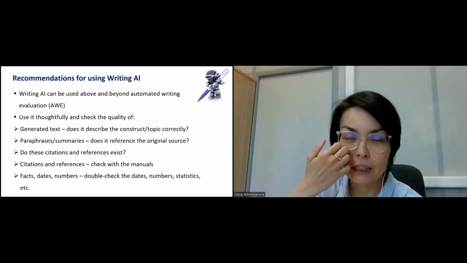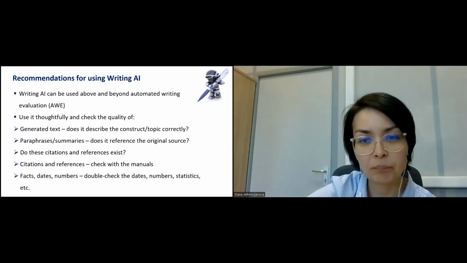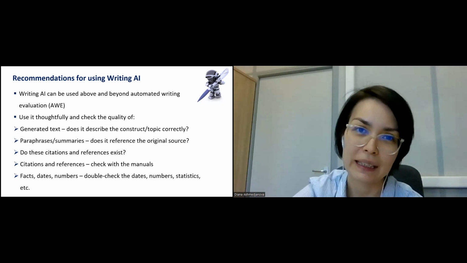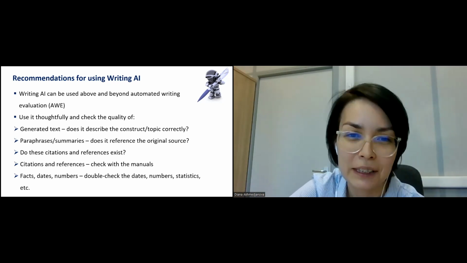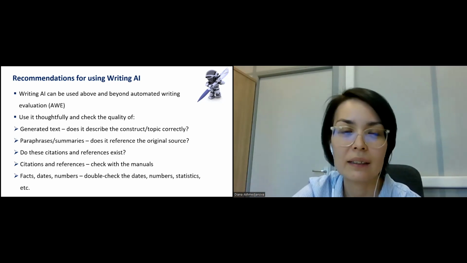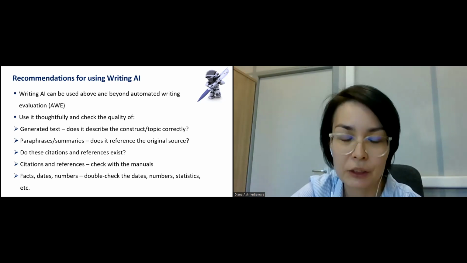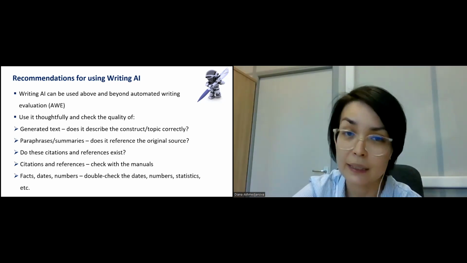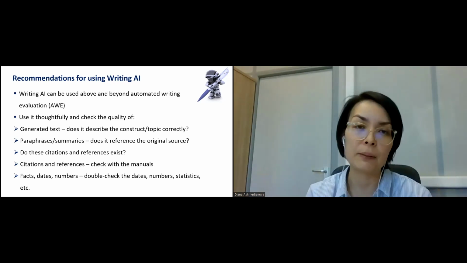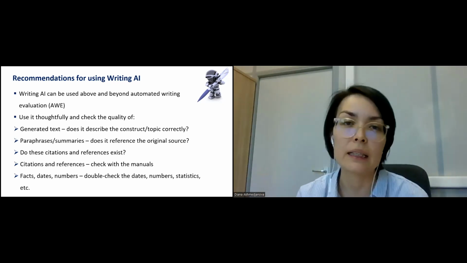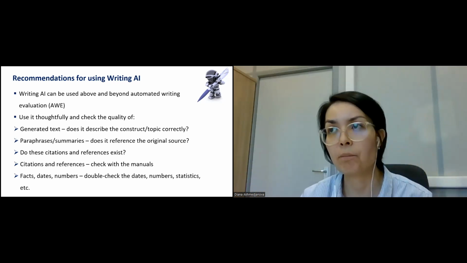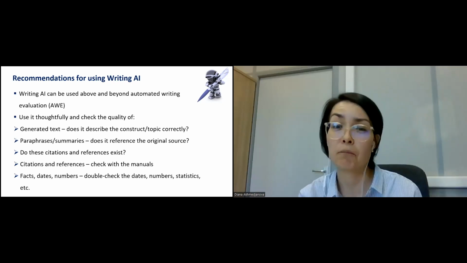And if they do exist and it provides some authors, even check if these authors exist and if they actually publish this kind of work in peer-reviewed journals, because ChatGPT sometimes creates whatever it wants. It just uses bits and pieces from all this volume of data in its model and creates something new.